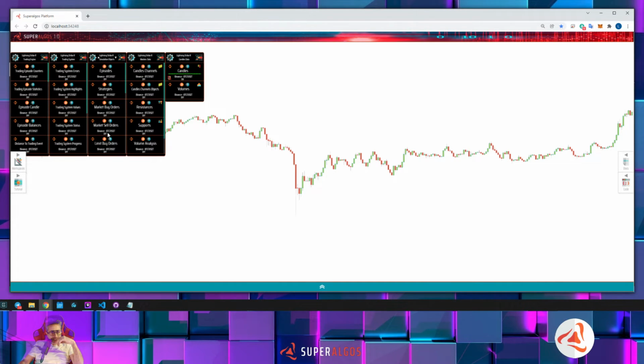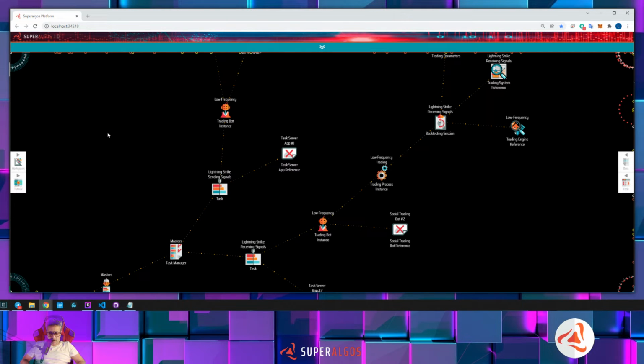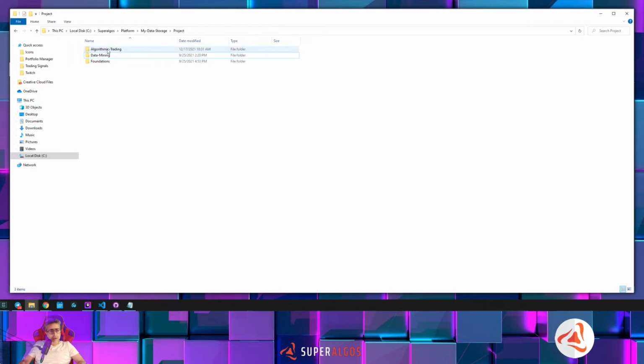Something is interfering in the process of saving the outputs or something like that. Maybe one thing we can check is here.